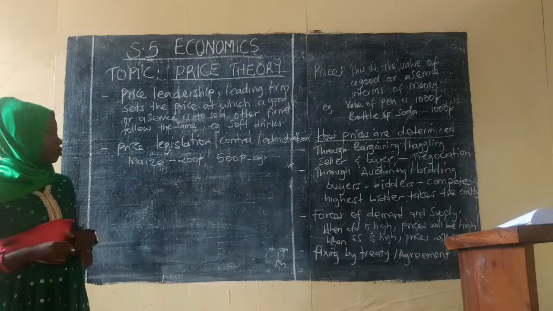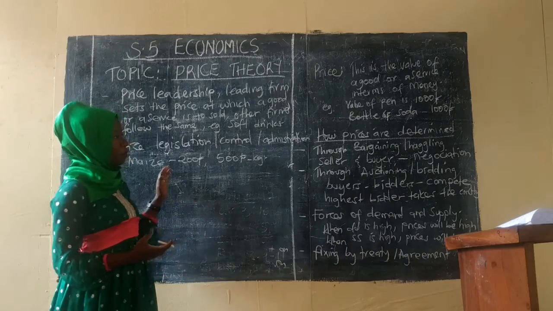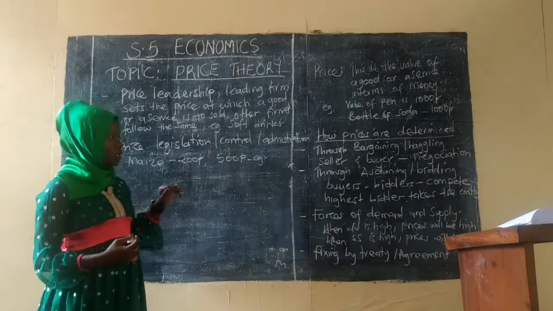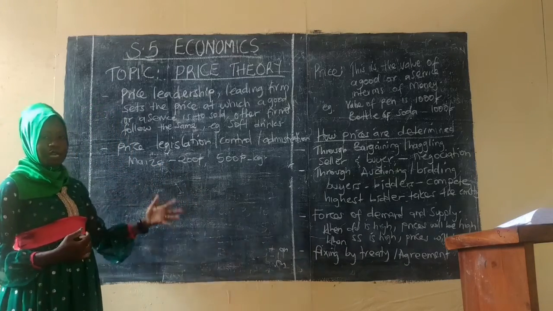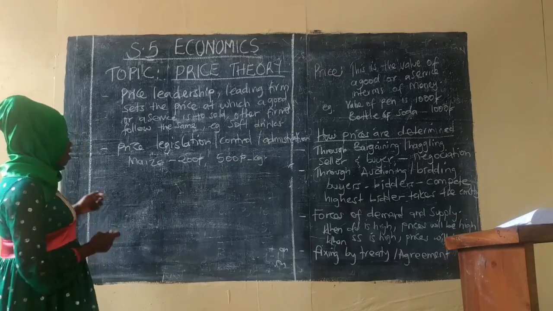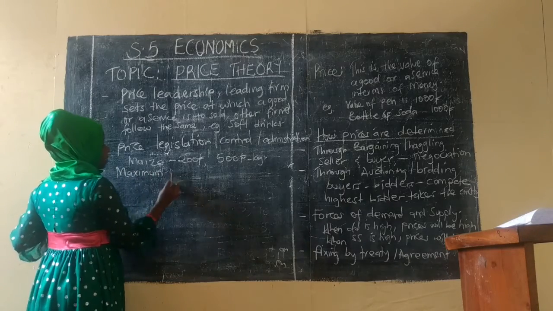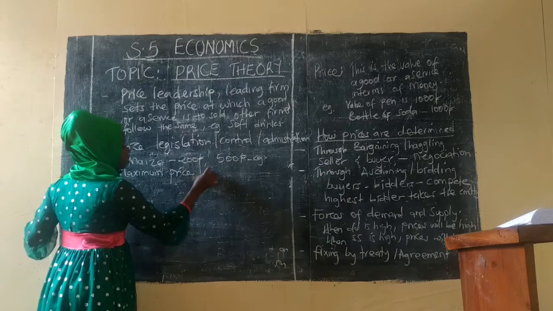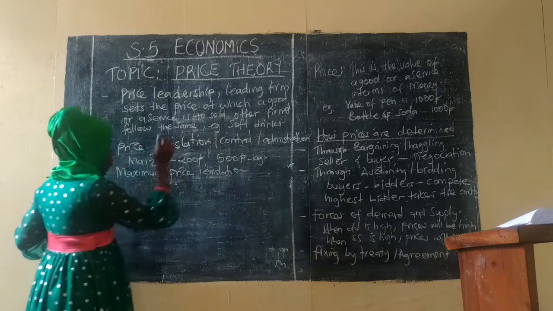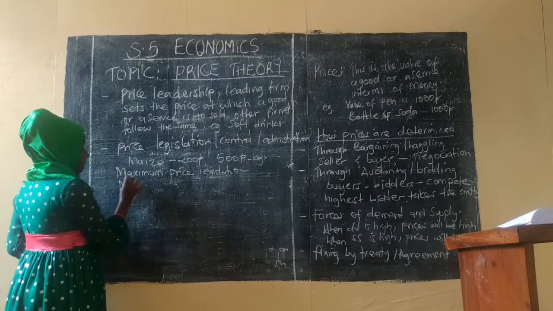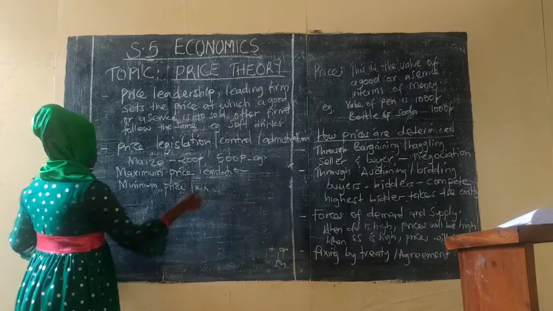Under price legislation, we are looking at government intervention in determining prices. And this is aimed at either protecting the consumers or protecting the producers. We have maximum price legislation, and we also have minimum price legislation.